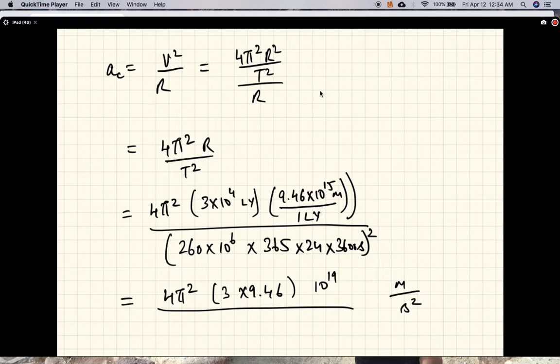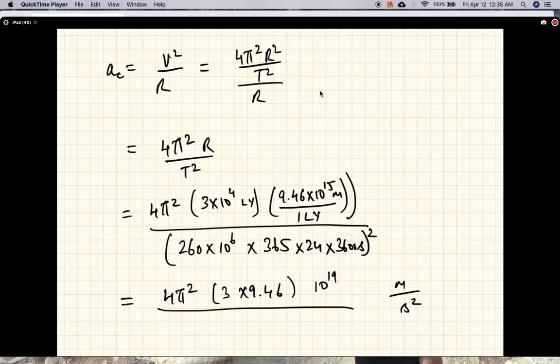In the denominator, we'll borrow 10 to the 2 from here, so we'll make that 2.6. 10 to the 2, 10 to the 8, 10 to the 10, 10 to the 11, and 4 plus 3, 10 to the 14.